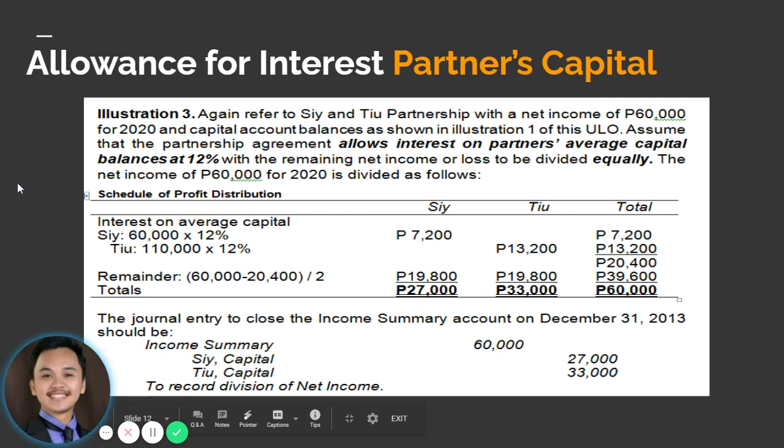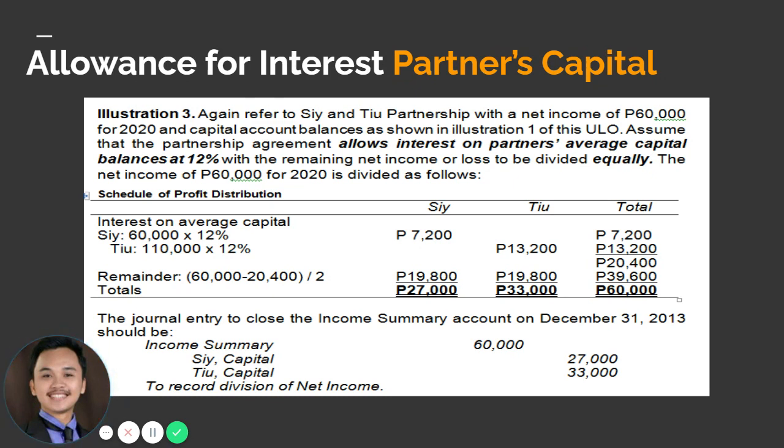Okay. Partnership contract may provide for interest allowances on partners' capital in order to encourage capital investment. Remaining profits are then divided equally or in any other specified ratio. So that means if there are agreed allowances to be given to the partners, it will be deducted first to the net income and then the remaining will be distributed using the agreed method by the partners.